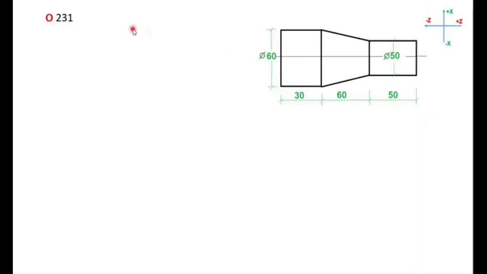So as usual, first we have to start with O and the program number, then we'll start with N10. Then we are using G90, G21, G40. What is G90? This is the absolute coordinate system. G21 is the metric system. G40: any cutter compensation given in an earlier program will be stored in the machine, so we have to cancel all the cutter compensation.